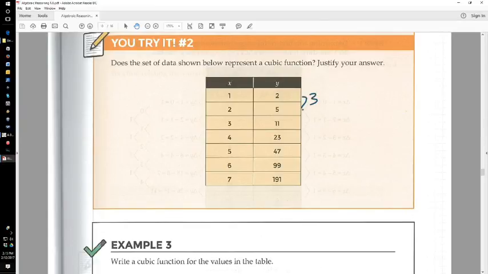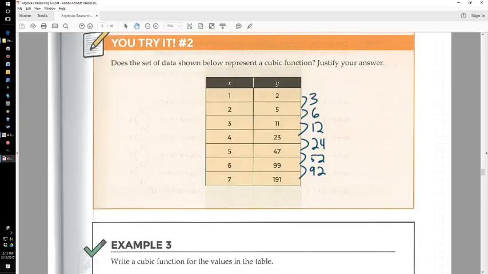So let's try the other ones. 5 minus 2 is 3. 11 minus 5 is 6. 23 minus 11 is 12. 47 minus 23 is 24. 99 minus 47 is 52.